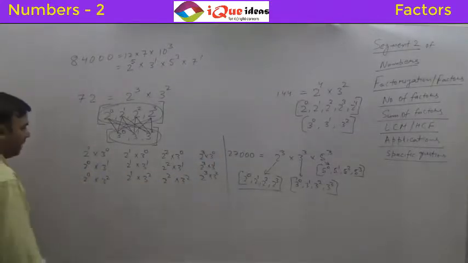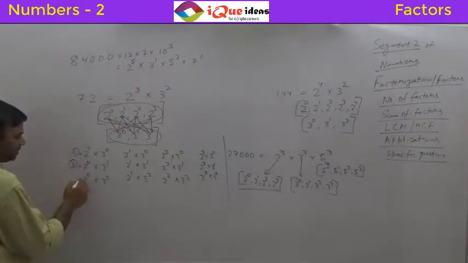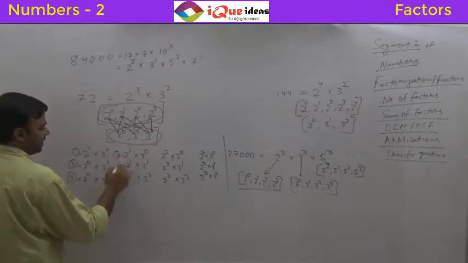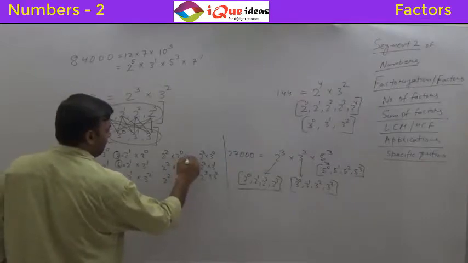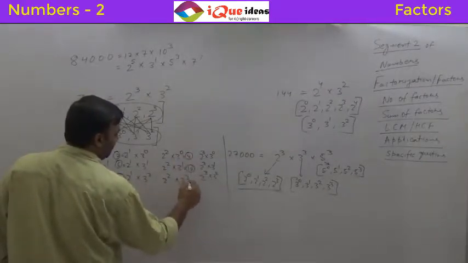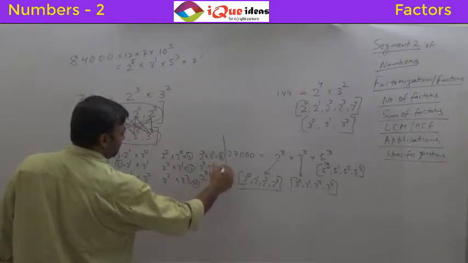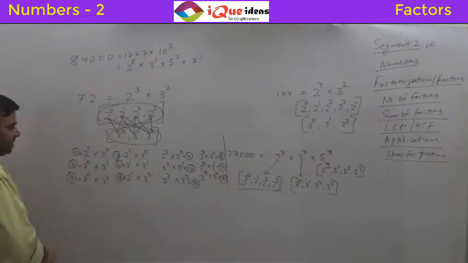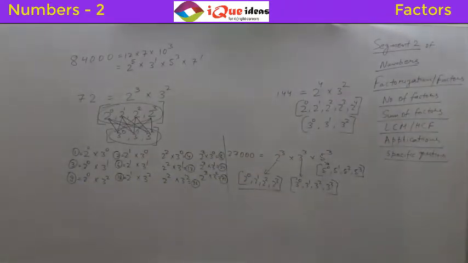If you match, this is 1, this is 3, this is 9, this is 2, this is 6, this is 18, this is 4, this is 12, this is 36, this is 8, this is 24, this is 72. So these are factors of 72. You can just check the earlier list that you had.